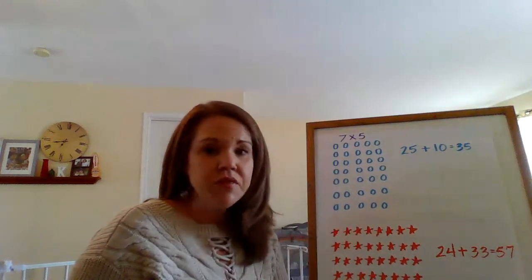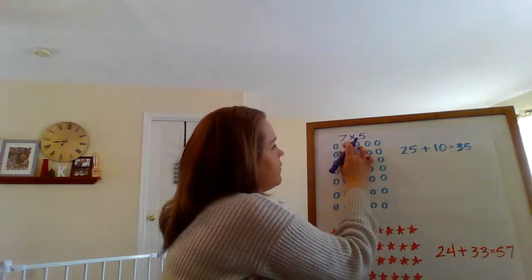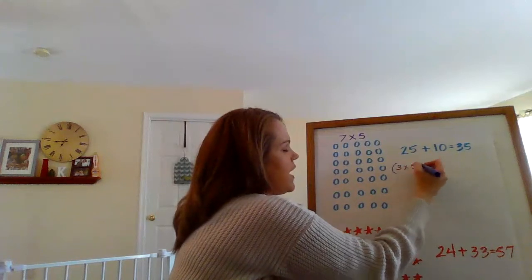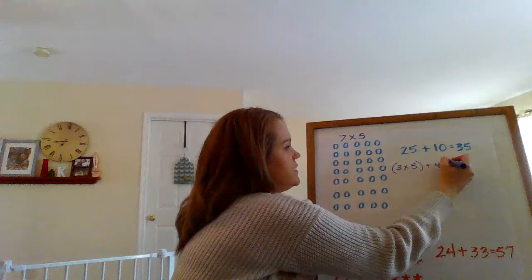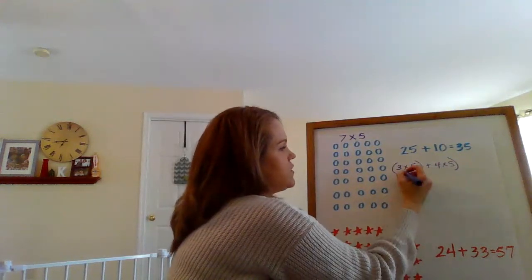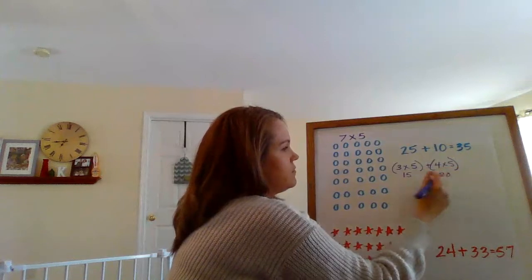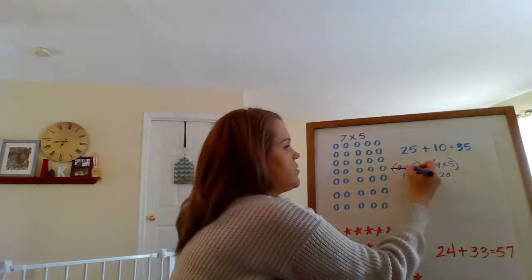All right, let's run through a couple scenarios. Did they do 3 and 4? Did they do 3 times 5 plus 4 times 5? This is 15 and this is 20. Nope, they got 25 and they got 10, so they didn't do 3 and 4.